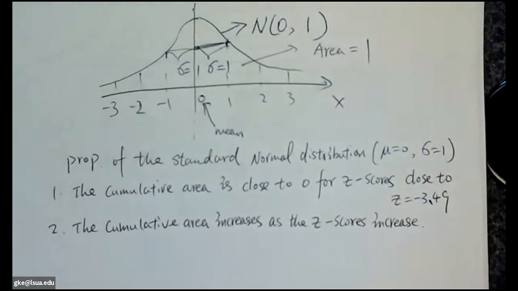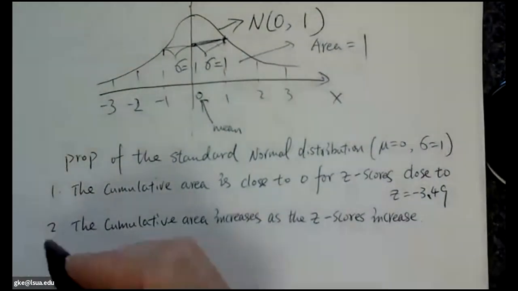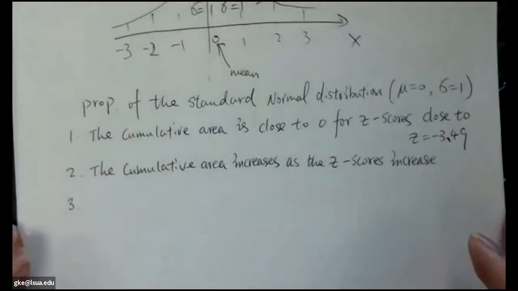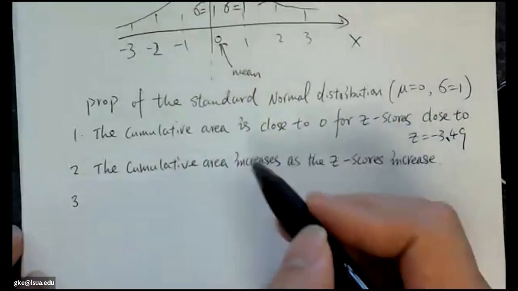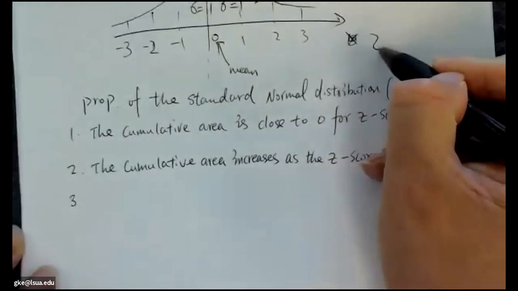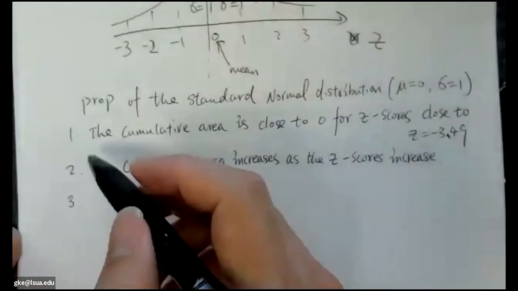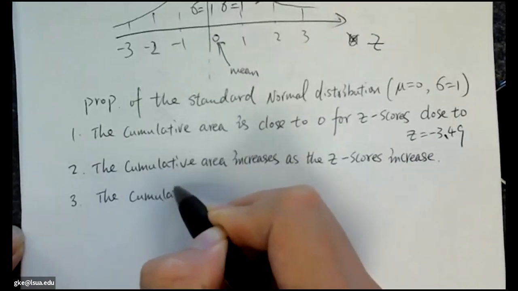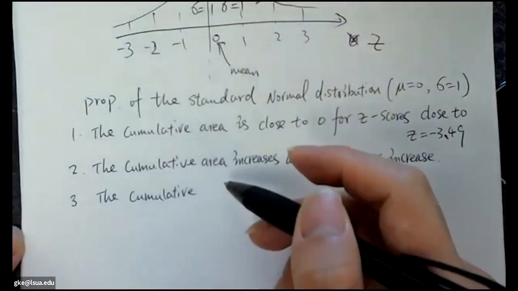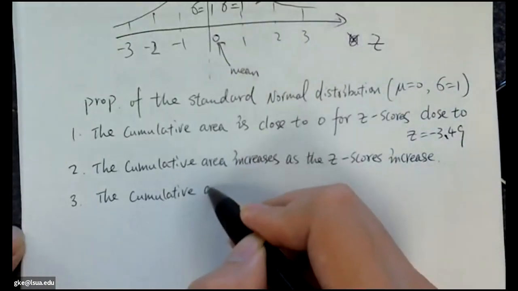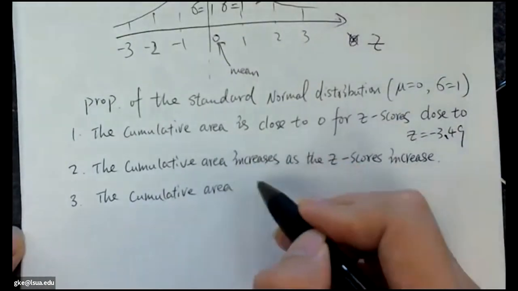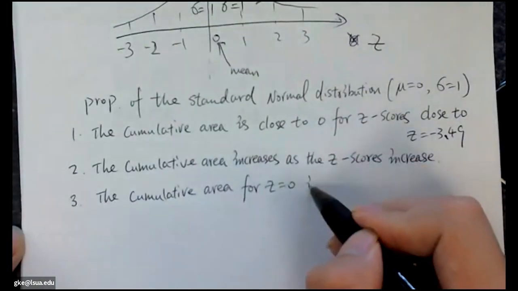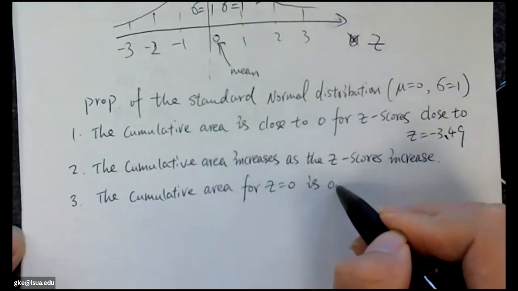Third, the cumulative area for z equals 0 is 0.5.